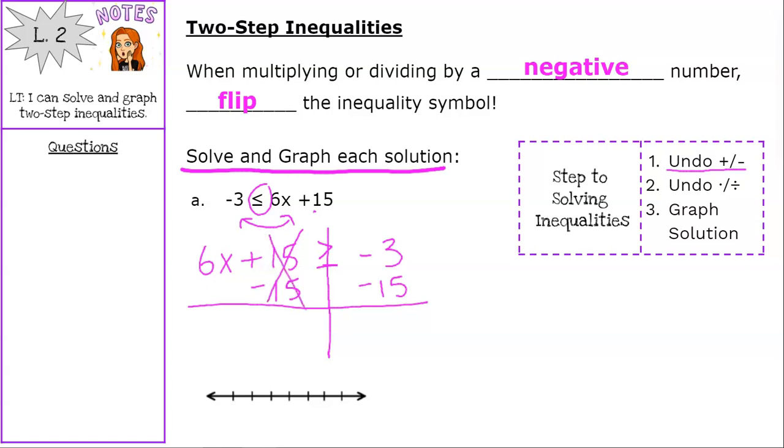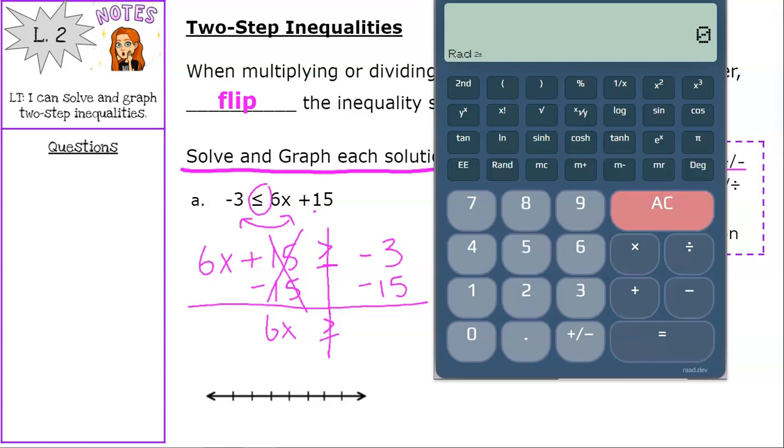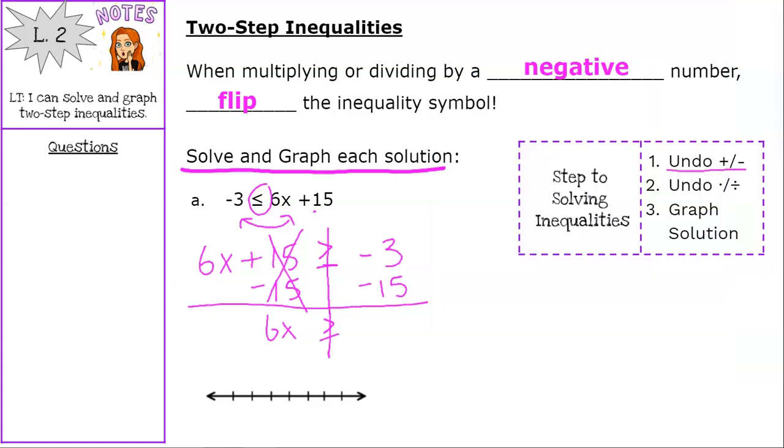15 take away 15 is 0. We're left with 6x is greater than or equal to negative 3 minus 15. Please be careful with those negative operations. If you need, you are more than welcome to use a calculator. And we get negative 18. So that was step 1.